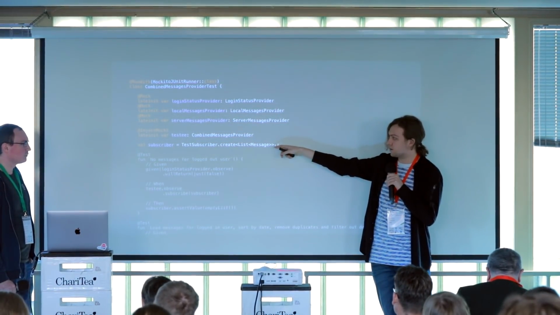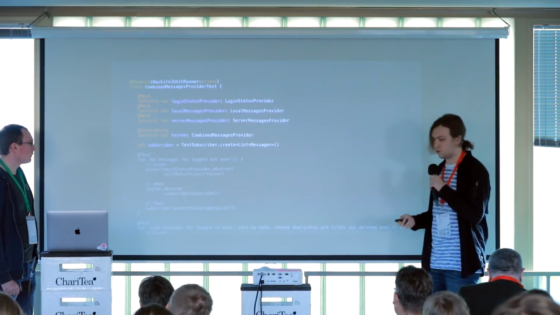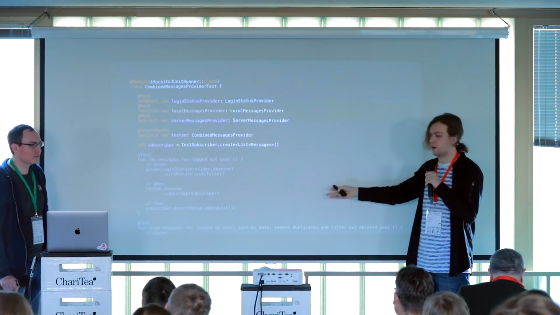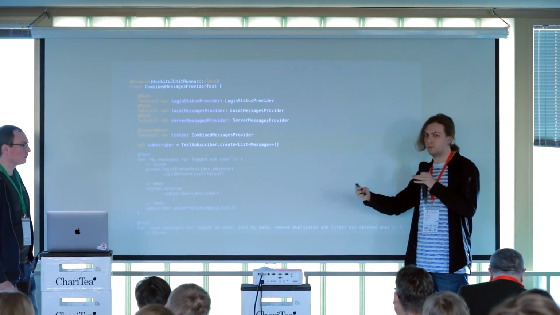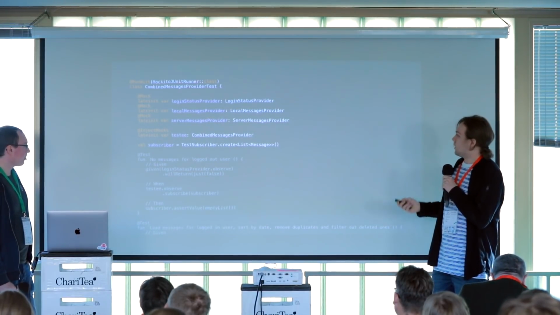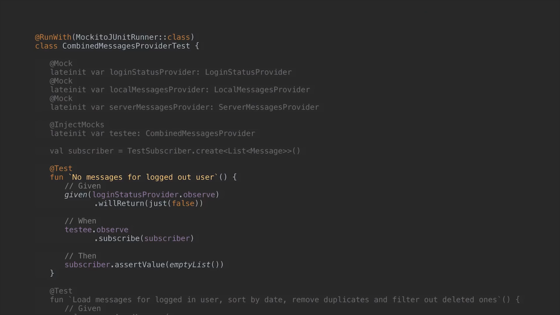And finally, we have the subscriber for RxJava just to test the output of the classes. If you don't use RxJava, you will not have it. Instead, you will have assert that one value equals another, which is pretty much the same, just a different world. Then finally, our first test, which is pretty simple.